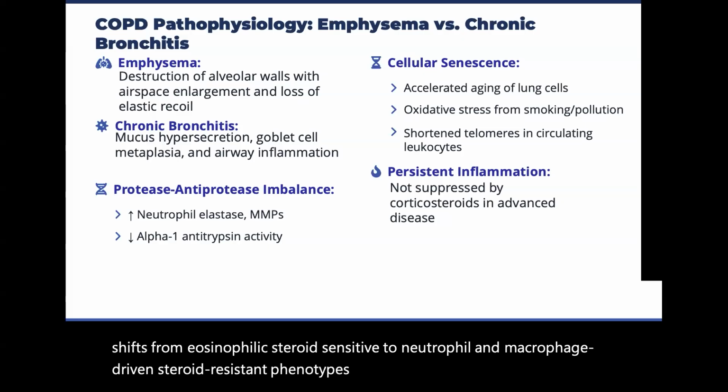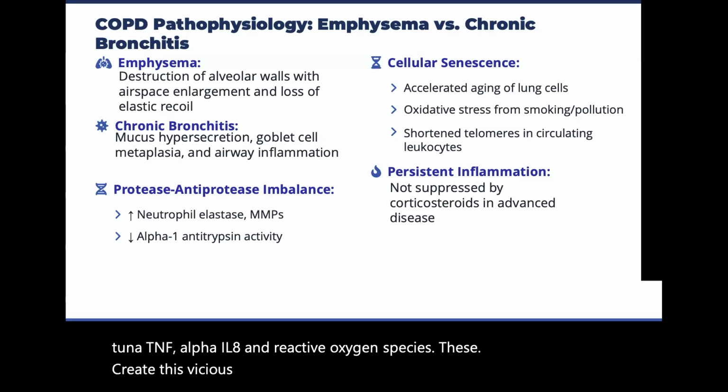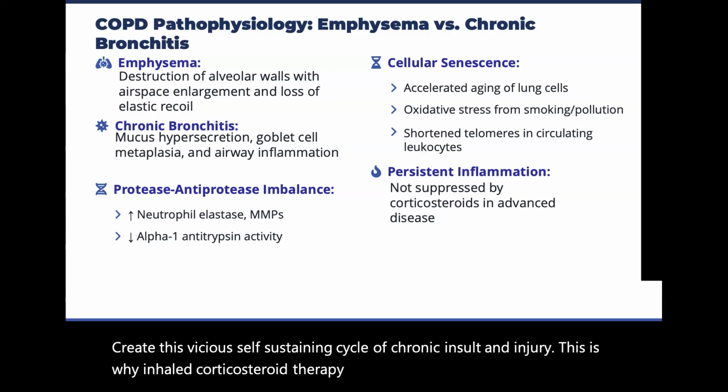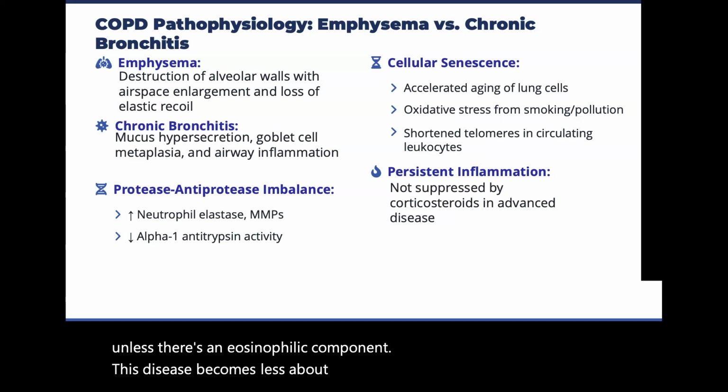The cytokines involved here are TNF alpha, IL-8, and reactive oxygen species. These create this vicious self-sustaining cycle of chronic insult and injury. This is why inhaled corticosteroid therapy alone is often not enough in COPD unless there's an eosinophilic component. This disease becomes less about inflammation and more about irreversible remodeling.